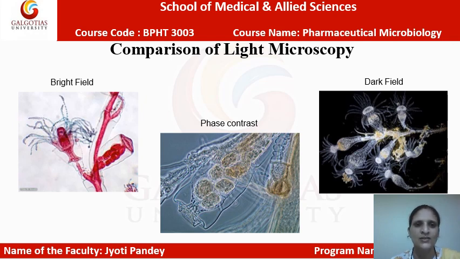So there is a comparison between the images provided by the light microscopes. This is the bright field image, this is the dark field image and this is the phase contrast image which is obtained from the different kinds of light microscope.